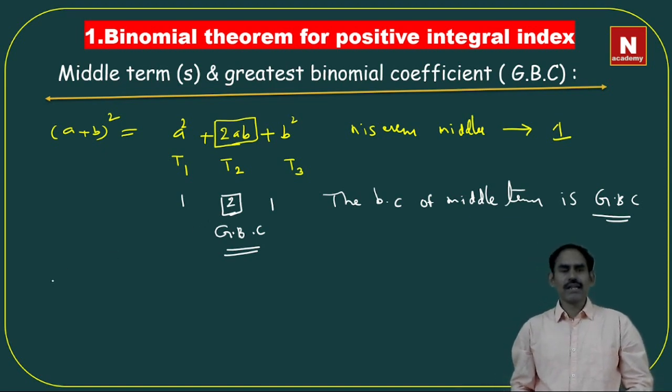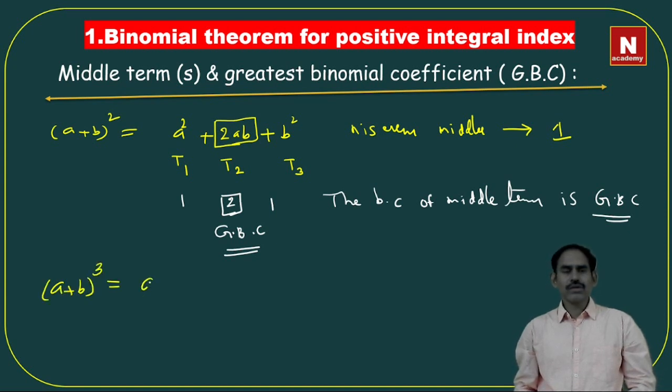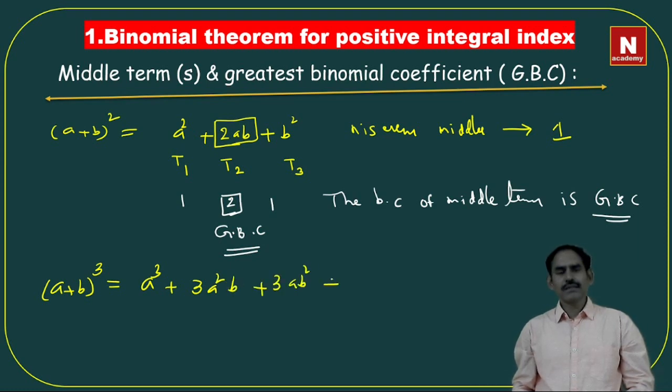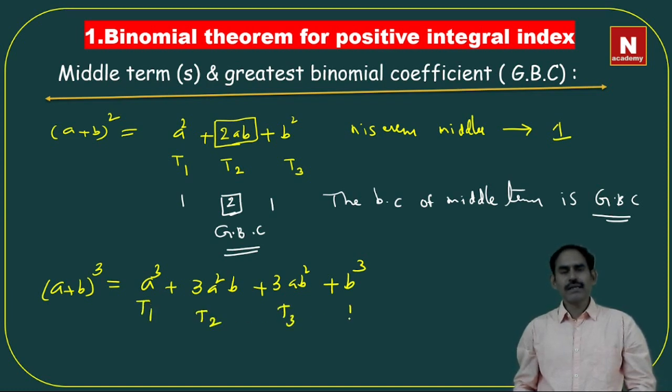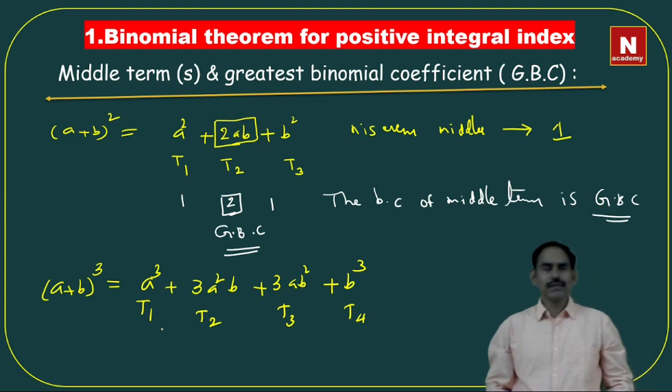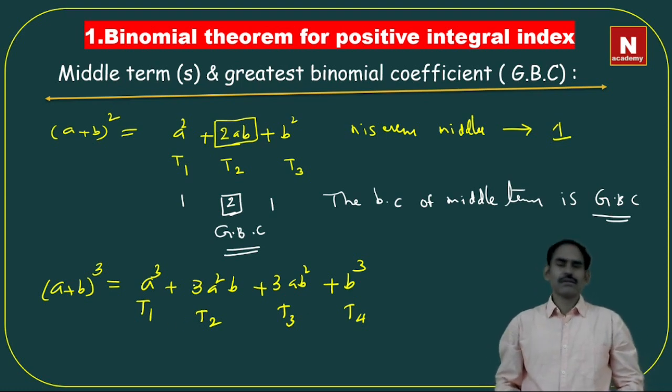Next, I am taking another example: a plus b whole cube. A cube plus 3a square b plus 3ab square plus b cube. Here the terms are T1, T2, T3, T4. Observe that a single term cannot be the middle term.